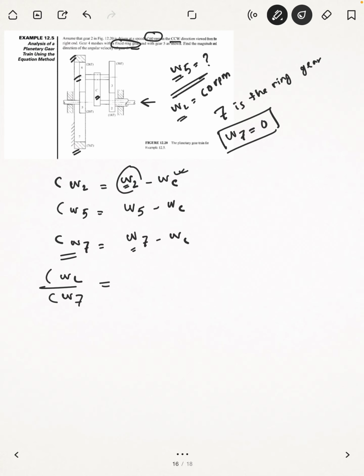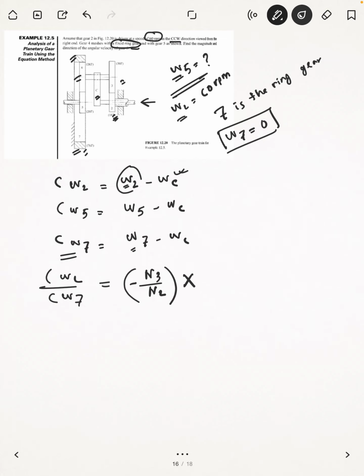So C omega 2 by C omega 7, how can I do that? We're going from 2 to 7, so we have to write in terms of teeth numbers. First, gear 2 is meshing with 3, so you write N3 by N2, and as one rotates clockwise and the other anti-clockwise, you use the negative sign.